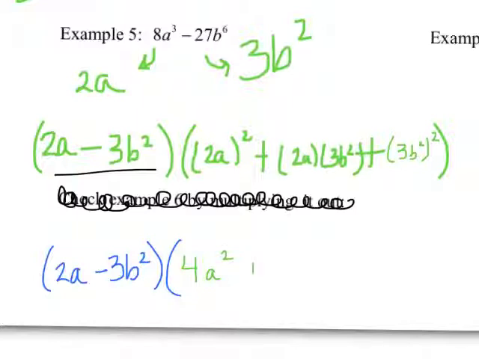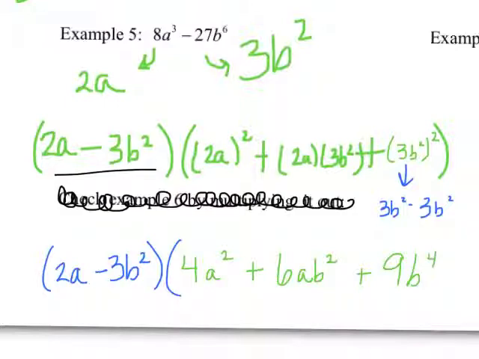I got a plus sign. Plus 3b squared, squared. That means 3b squared times 3b squared. If you need to write that out, 3b squared times itself. So that makes 9b to the 4th. And that's it.